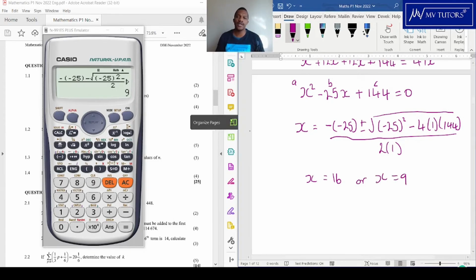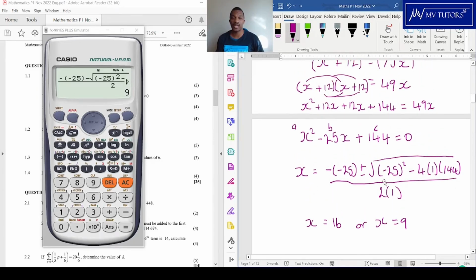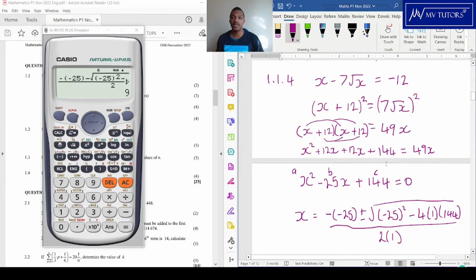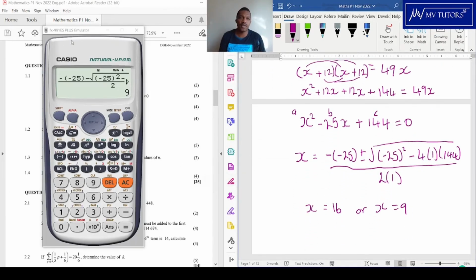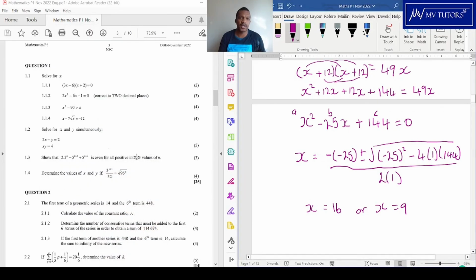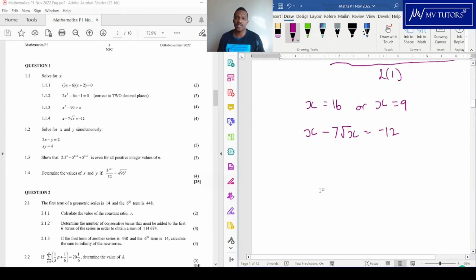Now, when it comes to surds, you need to check your answers, because normally you can reject one of them. Just to rewrite it again, we're given x minus 7 square root of x is equal to minus 12. We need to check them. Let's start with the 16.